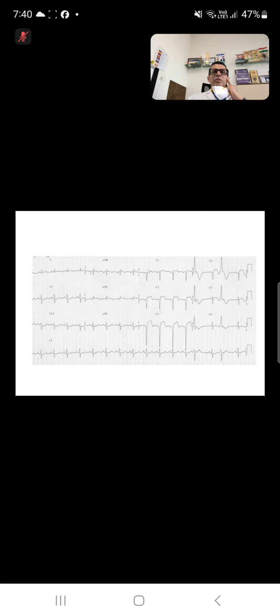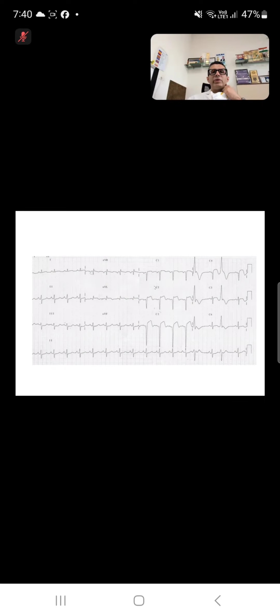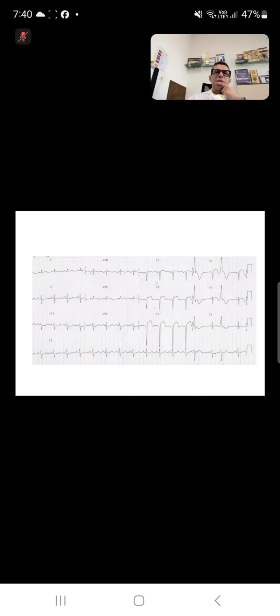But V1, what do you think? The P wave is inverted, biphasic in V1, sir. So what does that indicate? This satisfies the Morris index. So it indicates a left atrial overload pattern.